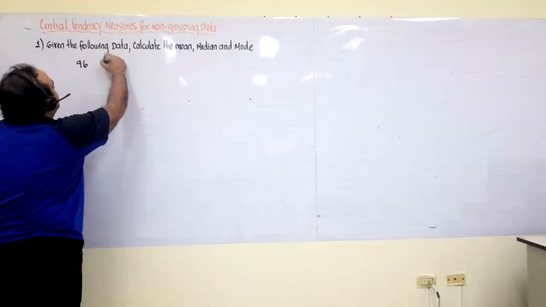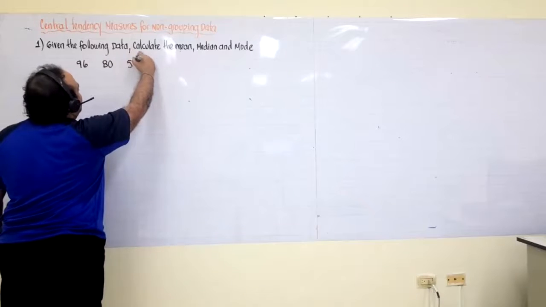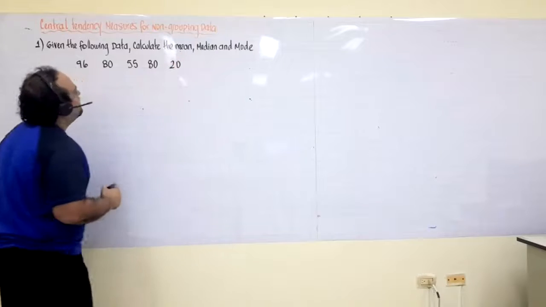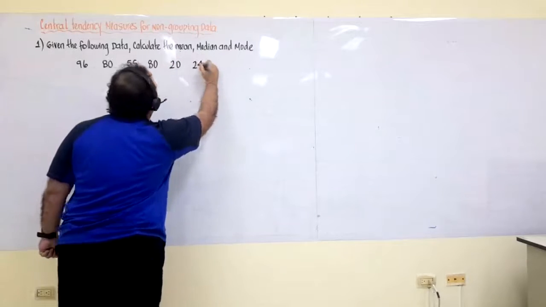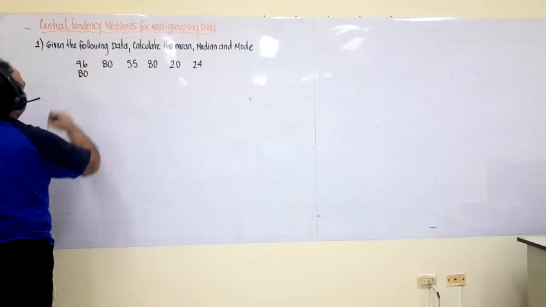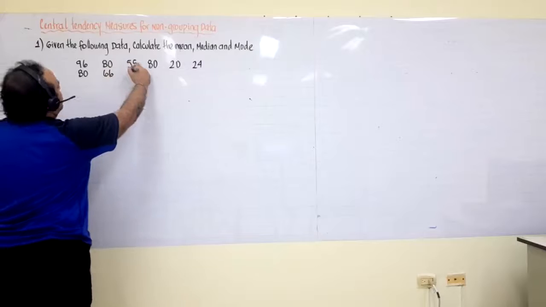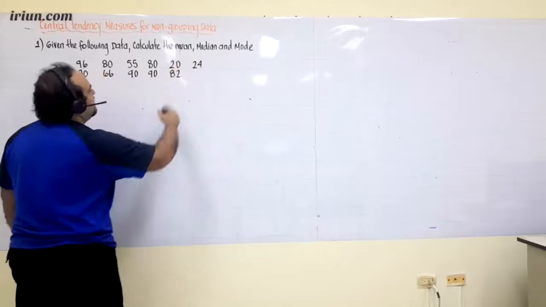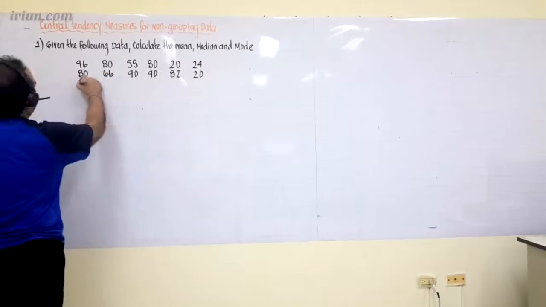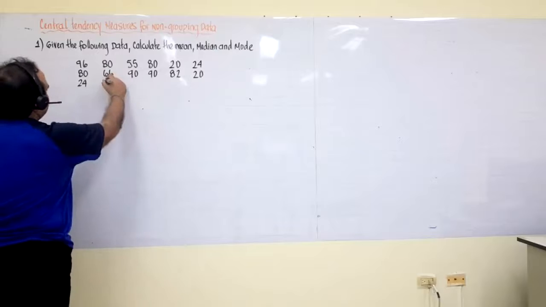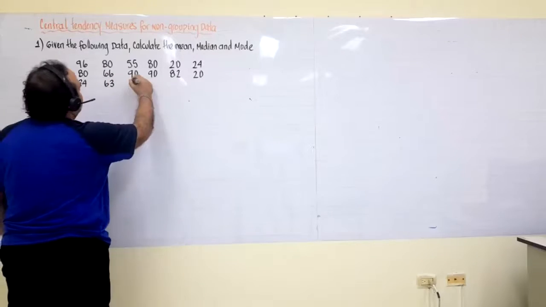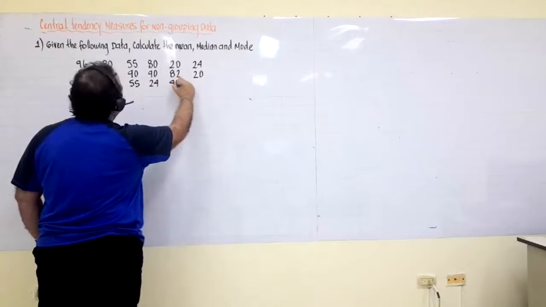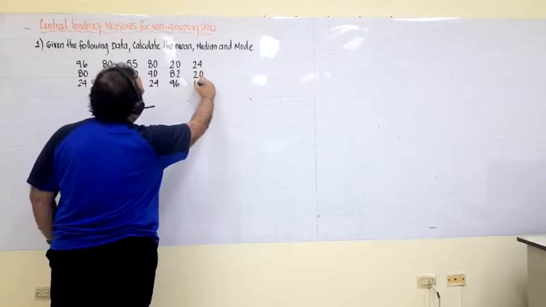We have 96, 80, 55, 80, 20, 20, 24, 80, 66, 90, 90, 82, 20, 24, 63, 55, 24, 96, and 66.